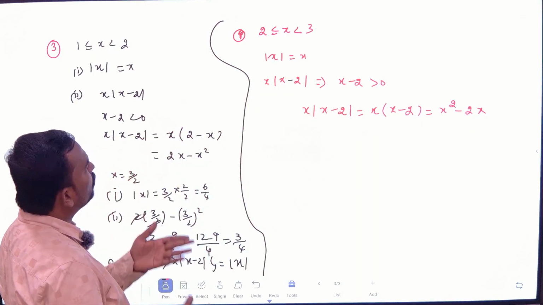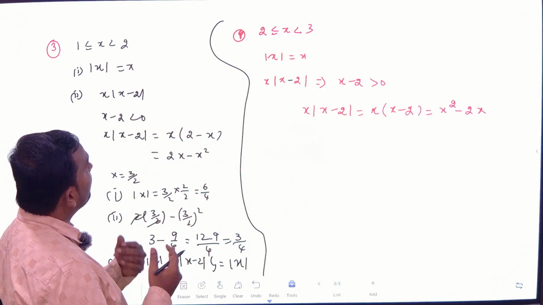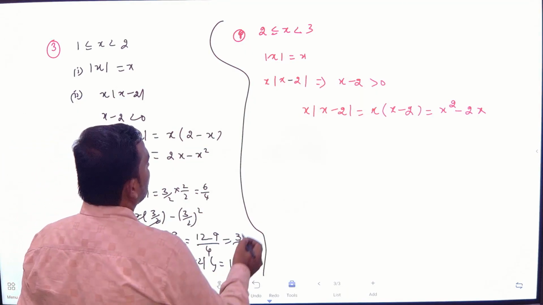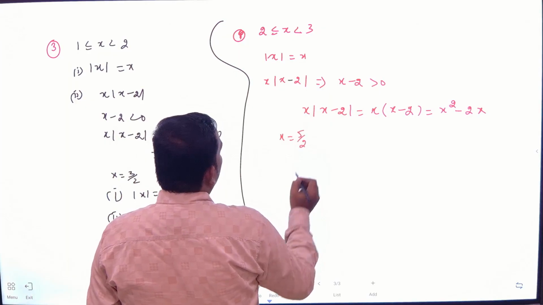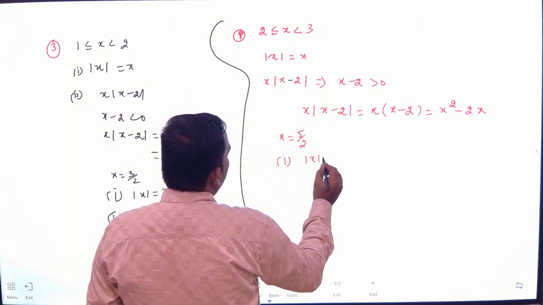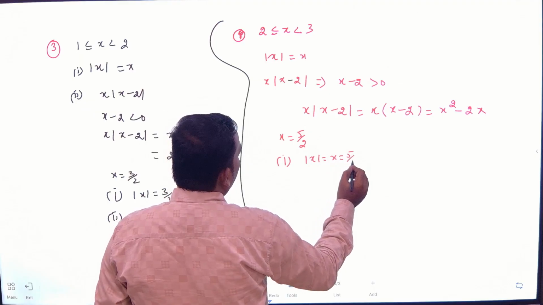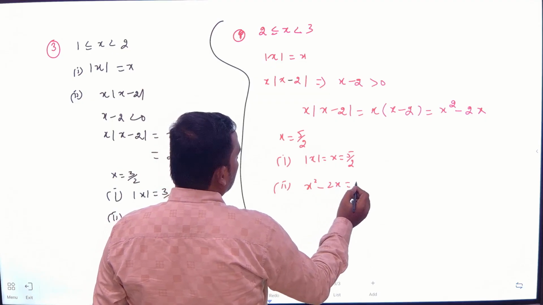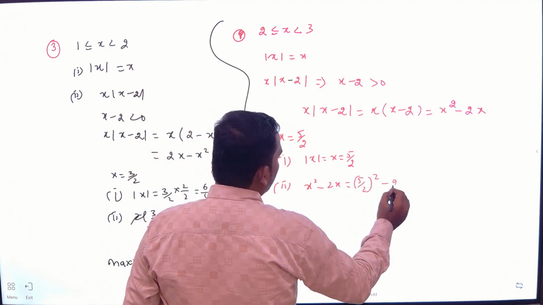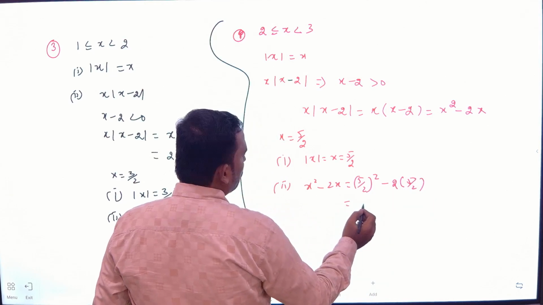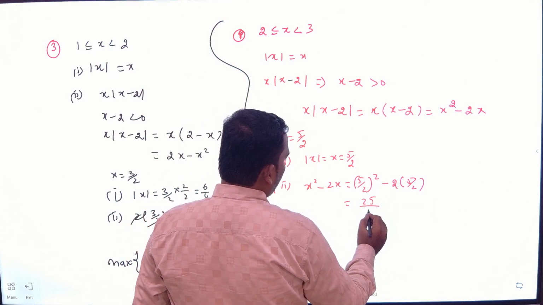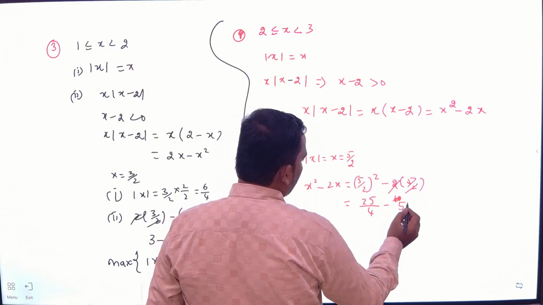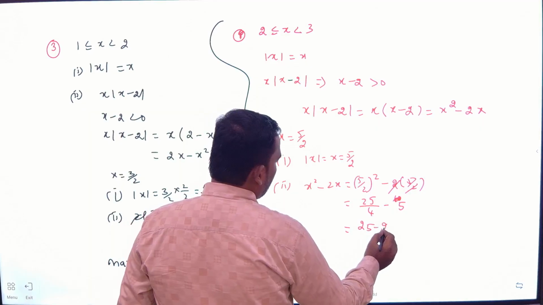So now you can take any one number from 2 to 3. Let us take 5 by 2. 5 by 2 is 2.5, right? Let us take x equal to 5 by 2. So the first one, mod x equals x, here it is 5 by 2. Second one, x square minus 2x. Just apply 5 by 2 whole square minus 2 into 5 by 2. What will you get? It's 25 by 4 minus 5, so 25 minus 20 divided by 4, right?